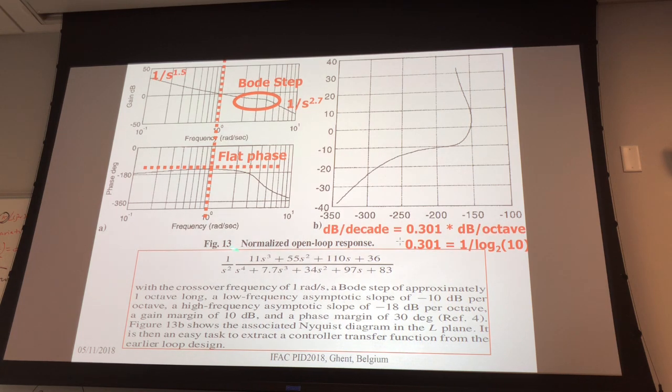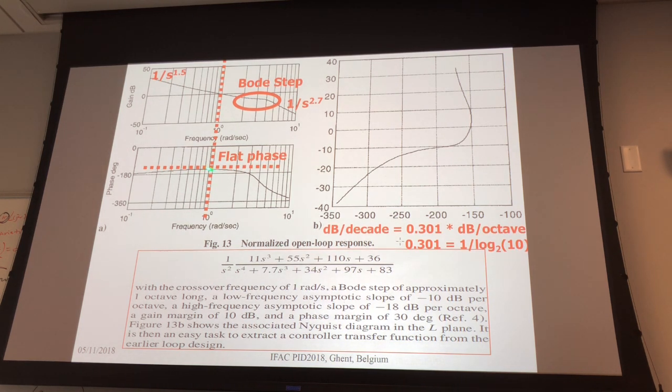Then they did a normalized open loop response. Let me go through here. You can see that this is the original system. When you do the crossover, it's 1.5, okay? And when you go down, it's 2.7. That's using what they described here.